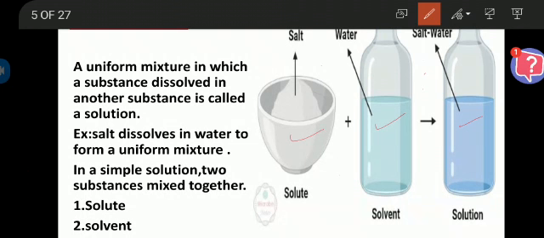One is the solute, another one is the solvent. When a solute is added to a solvent, it forms a solution. That means a solution consists of two components: one is the solute, another one is the solvent.